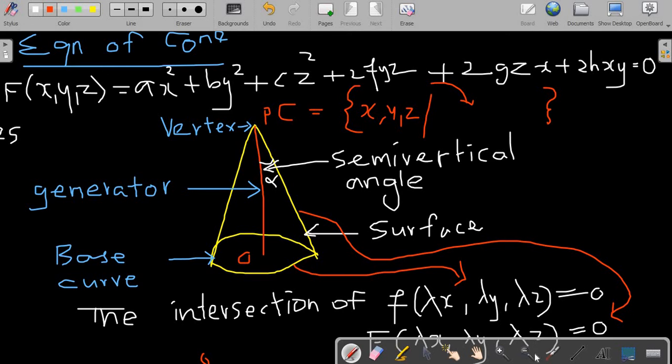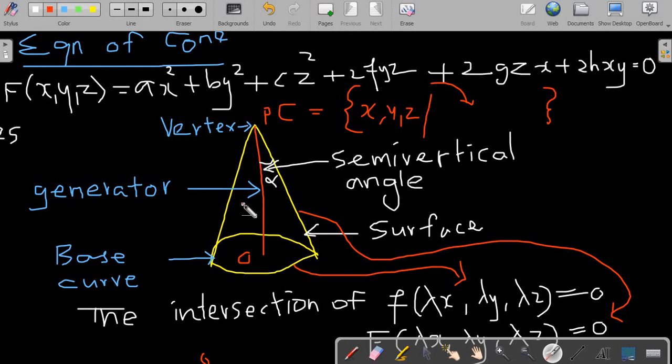Okay, so other things that you have to understand about this picture is this particular point we call a vertex, and this constant angle between this generator and this slanted line, we call it this. I think this is an axis. I think so. This is only a generator.